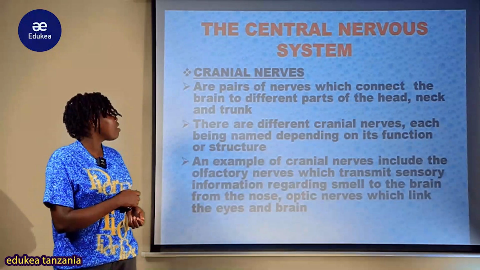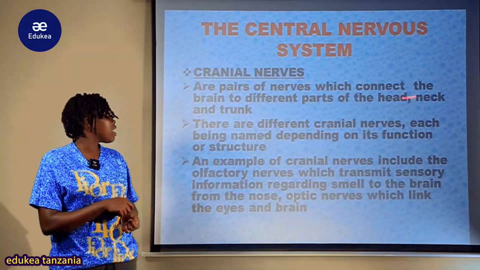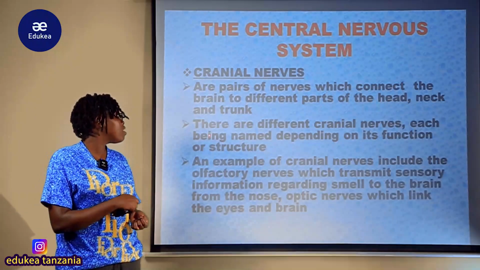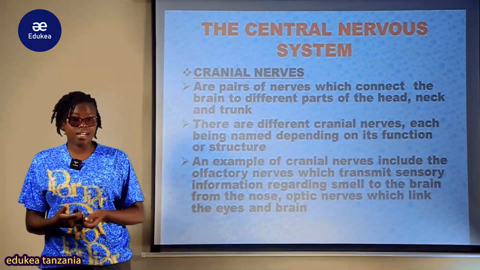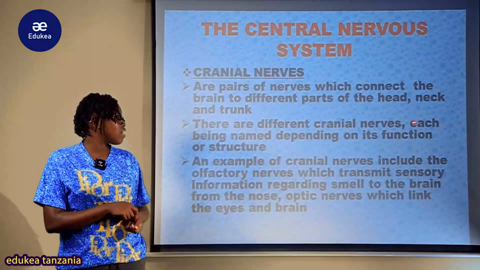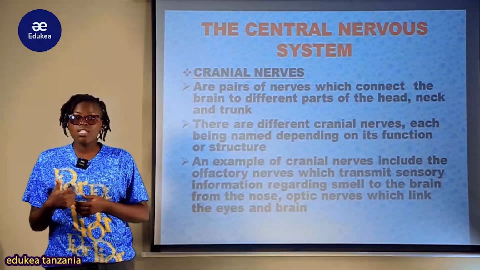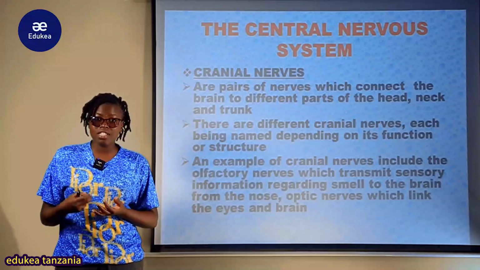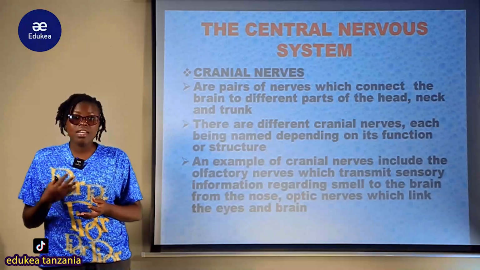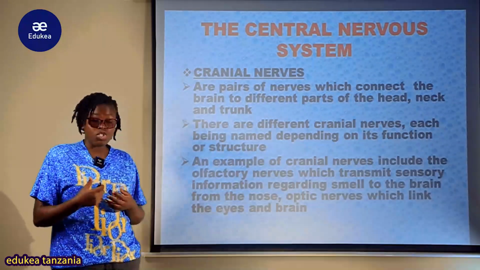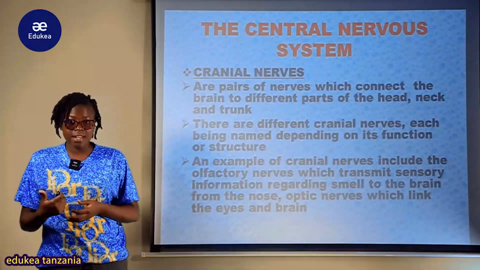The cranial nerves are pairs of nerves which connect the brain to different parts of the head, neck, and trunk. There are different cranial nerves, and each is named depending on its function and structure.